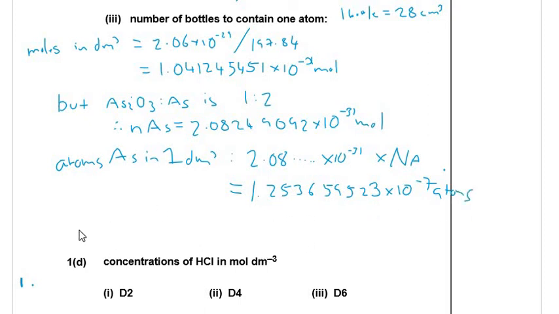So therefore, to work out decimeters cubed needed for 1 atom, what we'll then do is we will divide 1 by that answer.